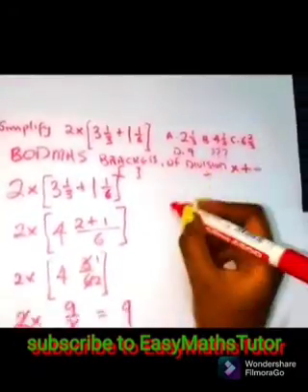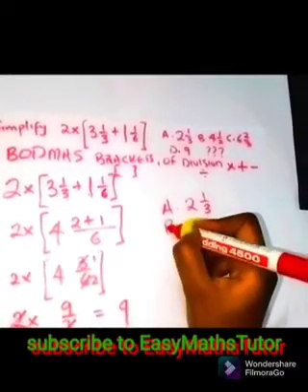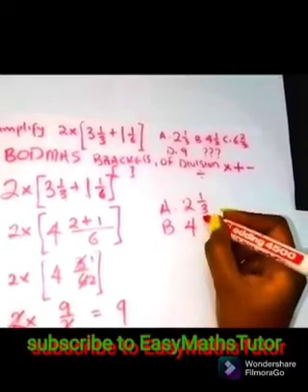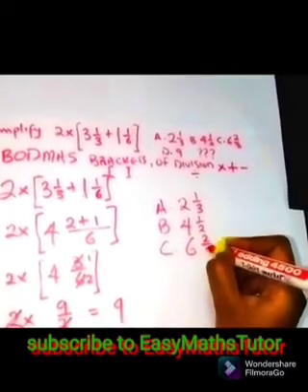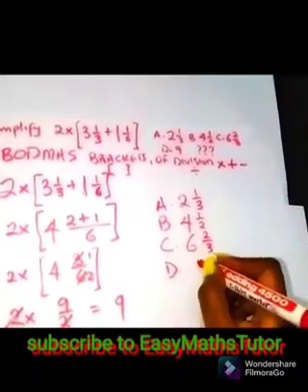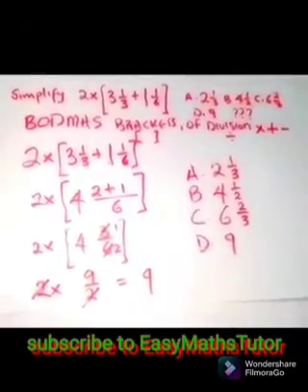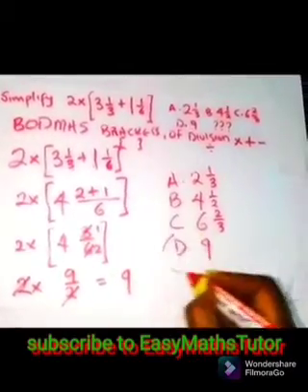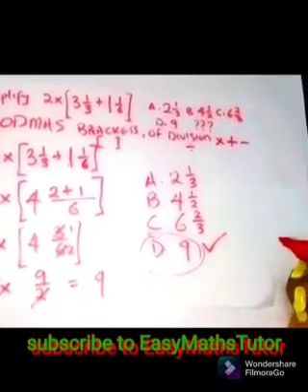So from our options, we have A, 2 whole number 1 over 3, B, 4 whole number 1 over 2, C, 6 whole number 2 over 3, and D, 9. So we can see from this problem that our answer is 9.